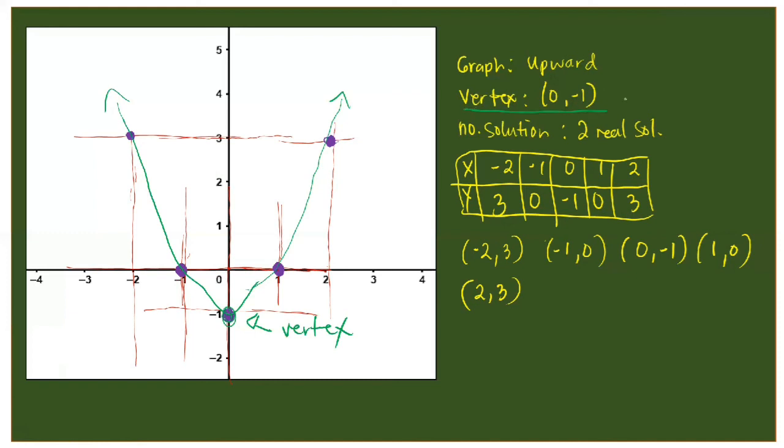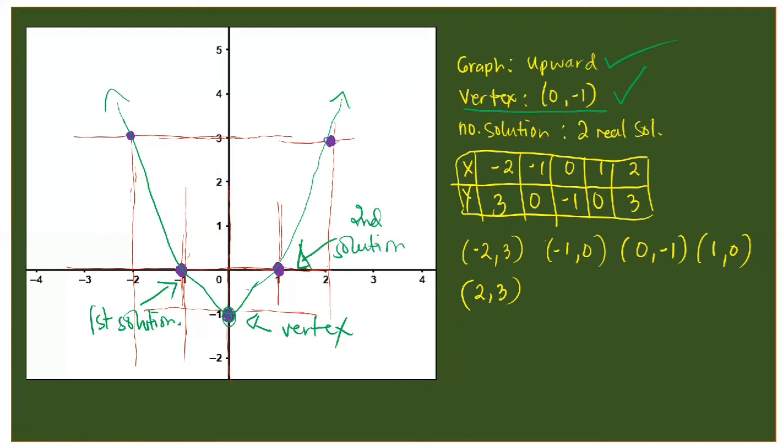Yung graph natin upward, correct? And the number of solutions is also correct dahil ito yung nag-intersect siya or nag-cross siya sa x-axis natin. So, this is the first solution. And then, this is the second solution.